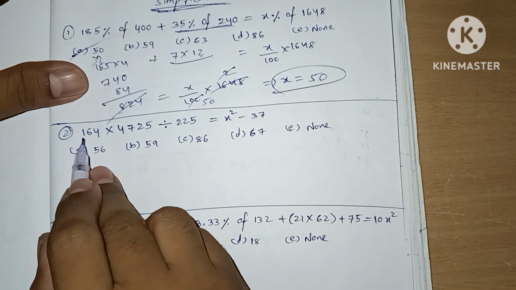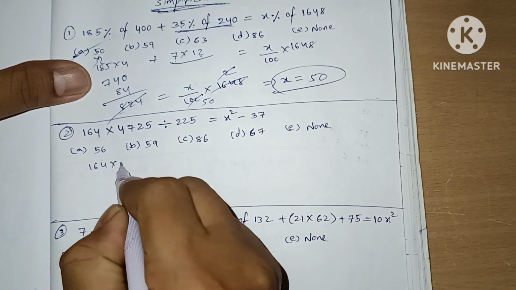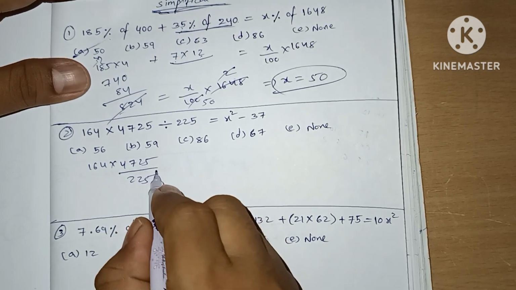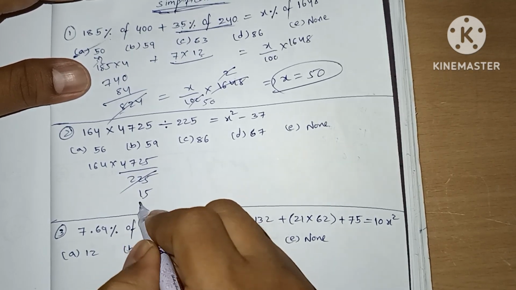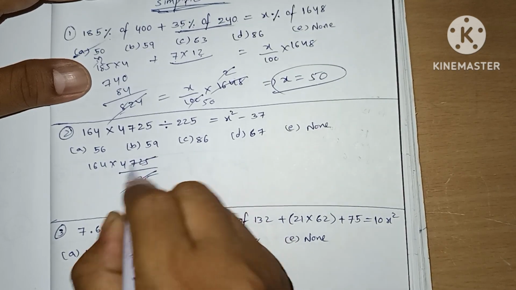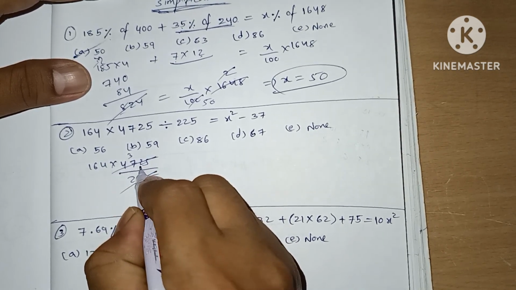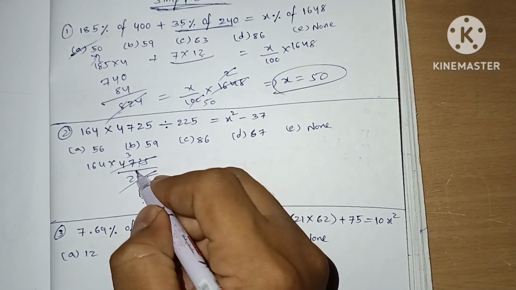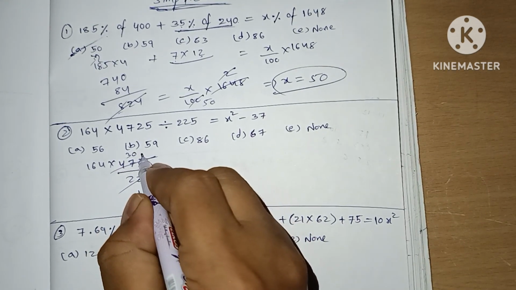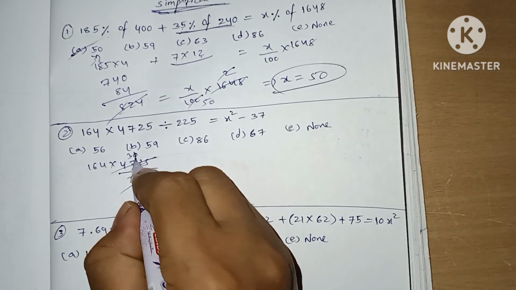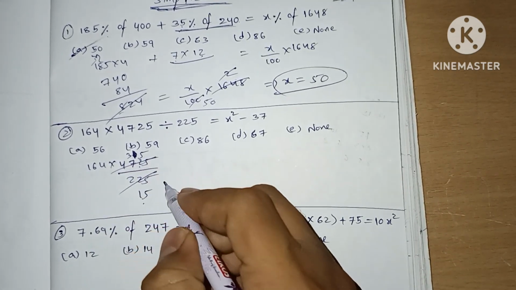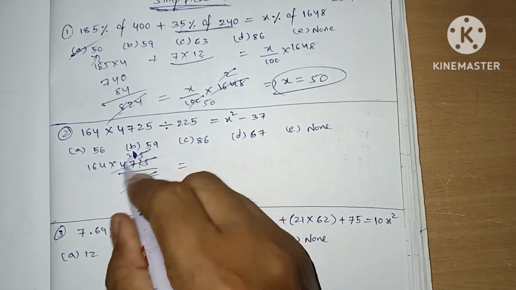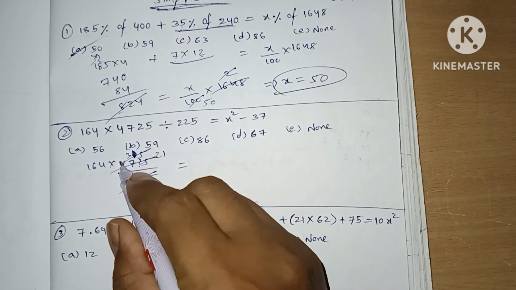Second question. Here we have 164 into 4725 divided by 225. 225 means we will do this with the 15 table. 15 times 315 equals to 15 2 times 30 and 1 times, so it will be 315.